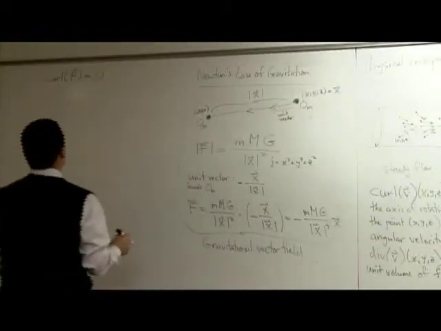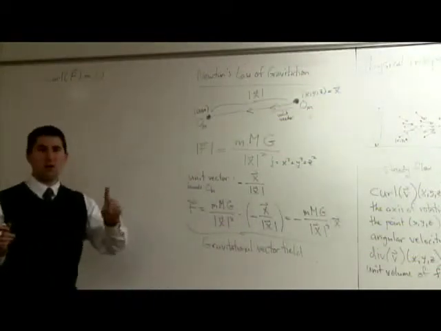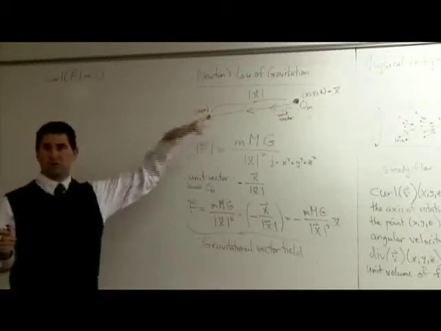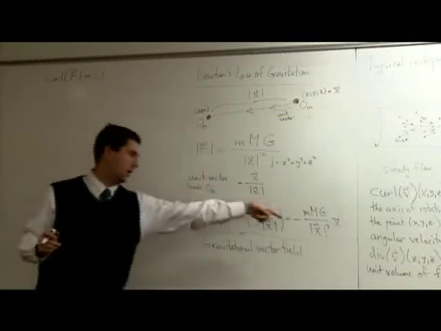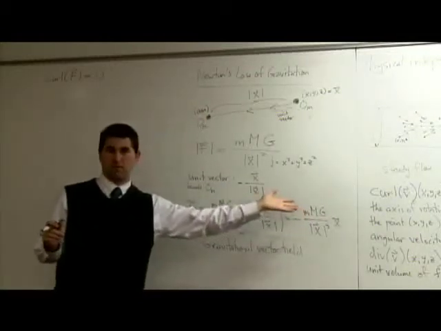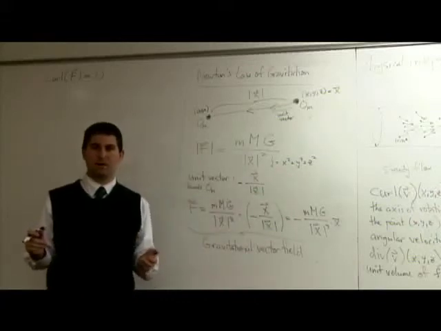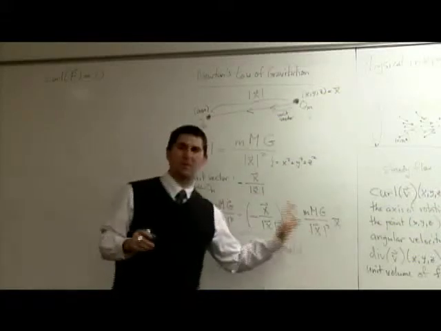It's not hard. Not only that, but as long as you're not at the point 0, 0, 0 itself, all these component functions have continuous partial derivatives. The only problems are ever going to be at 0.